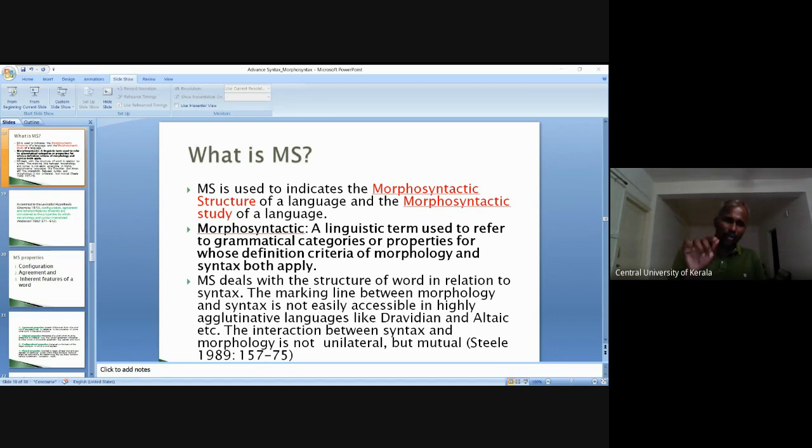Then you put two criteria: one is agreement, one is government. So you can mark whether gender is having agreement with any other forms in the sentence, whether number is having it, person is having it, case is having agreement, government, or both.